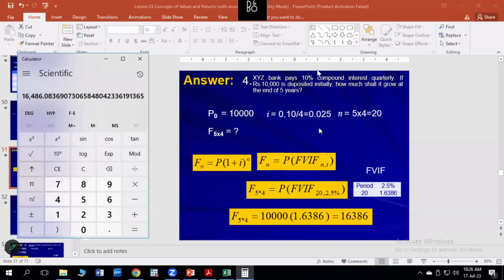So you can learn that when the compounding frequency increases towards continuous, that is the maximum benefit the depositor can obtain from the deposit.